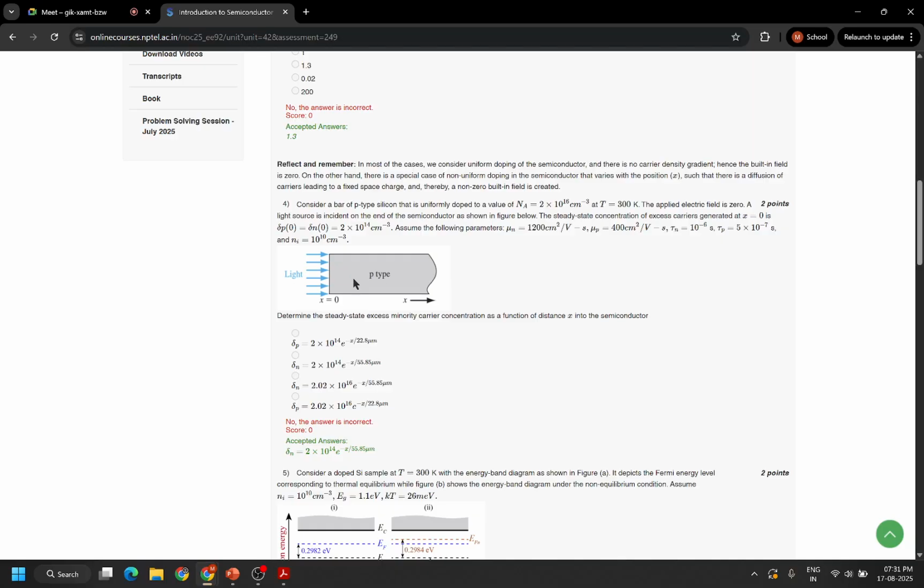You will solve del p by del t equals your recombination rate, which you can calculate from your tau. When you solve this, you will get the equation delta n equals 2 times 10 to the power 14 e to the power minus x by 55.85 microns.